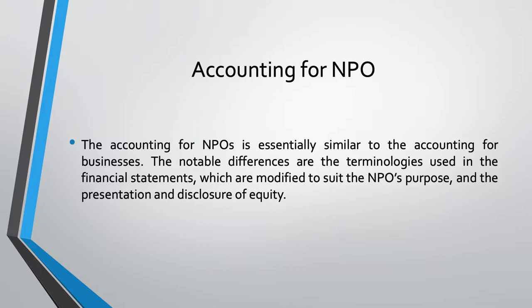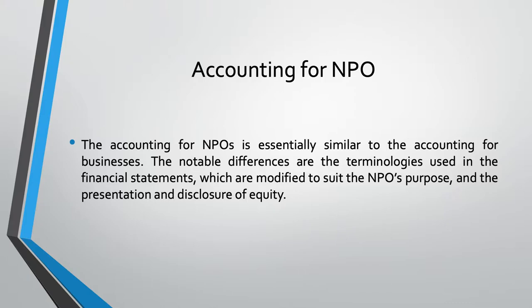So there's still fund balance, but it's presented differently. It's also different accounting in the fund balance, especially in the equity portion, and pertaining to different types of non-profit organizations, because there are several types, as I mentioned earlier.